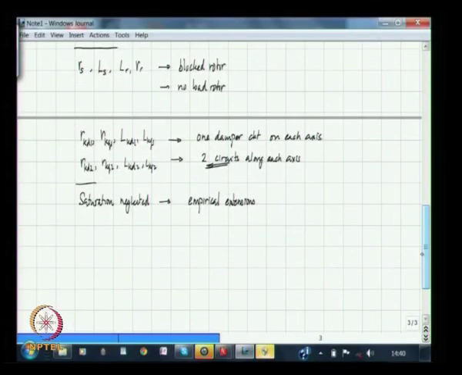Saturation of course happens in synchronous machines as well as induction machines, so the methods for representing saturation are the same in both cases.